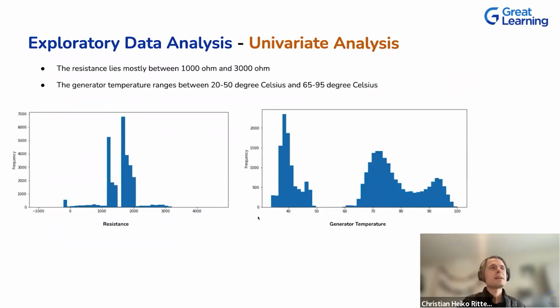We can look at other variables and their distributions, for example the resistance and the generator temperature. Here we again have a very particular shape of distribution. When I start a project, typically I'm not an expert in that domain. If you're lucky and you work in a certain domain and you're already a domain expert and you apply machine learning, then you're better set up.